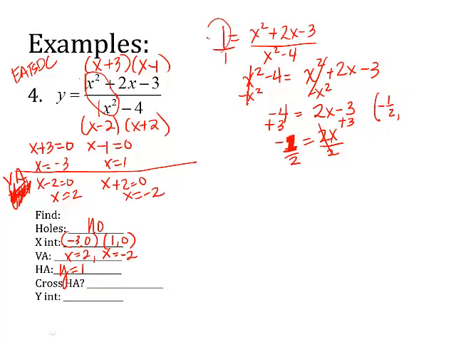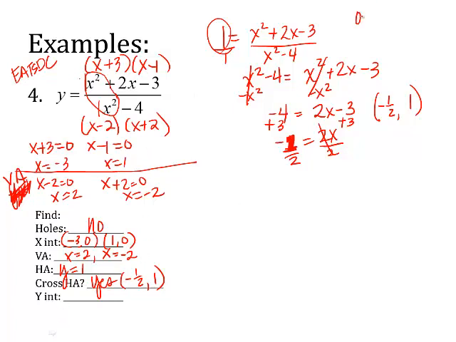So my point is x is negative 1/2. And what's the y value? Well, it was 1. So this is a yes. And where does it cross? At negative 1/2, 1. Now y-intercepts. Remember to take the original equation and plug in zeros everywhere there's an x.